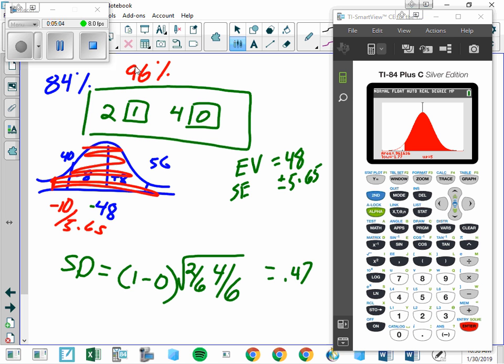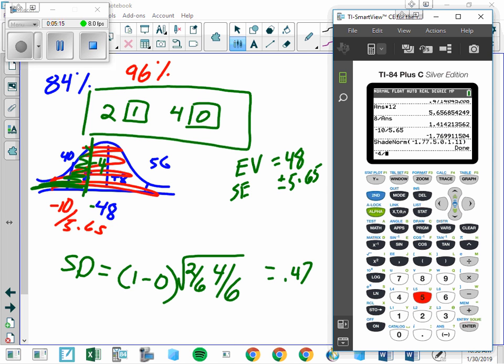Okay, and then the last one, less than 44. So that would be here and to the left. That is a score of -4. So -4 divided by 5.65 is -0.7.